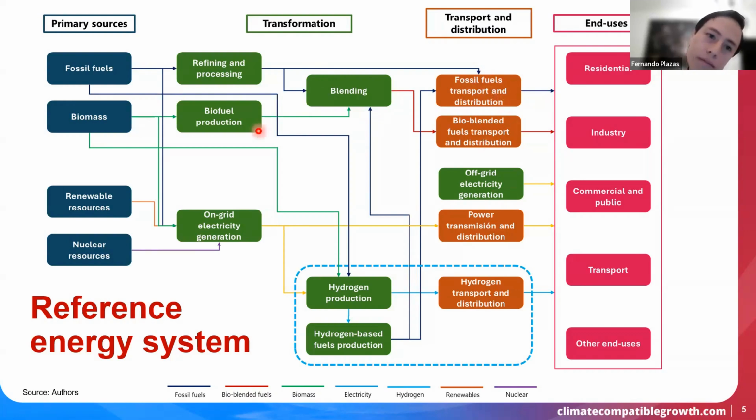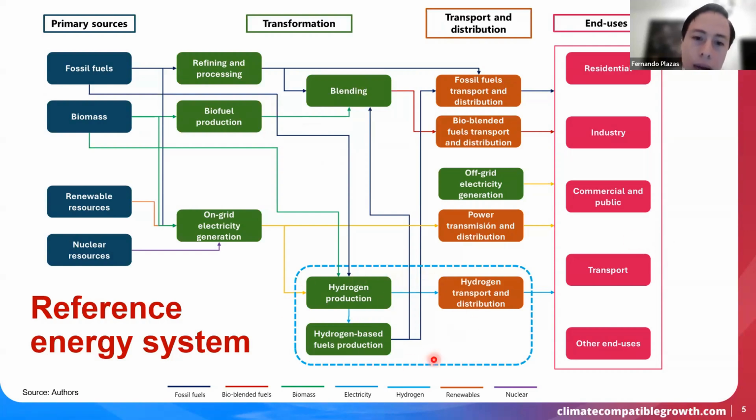And in Colombia, for example, we have biodiesel and bioethanol production, so we have blending processes to supply part of the transport needs. But this first part, what you can see in the top part, is the normal energy system that you have right now.